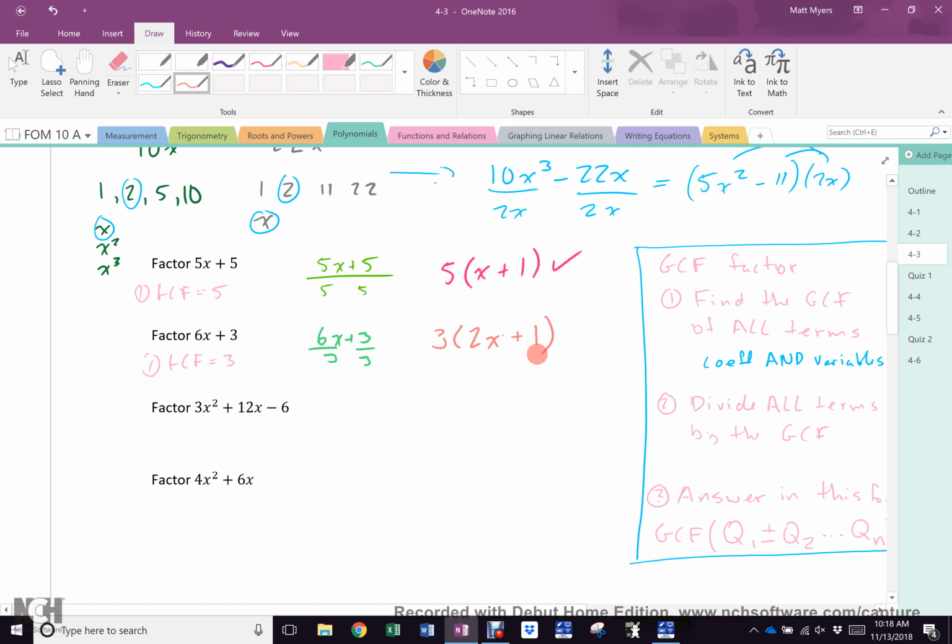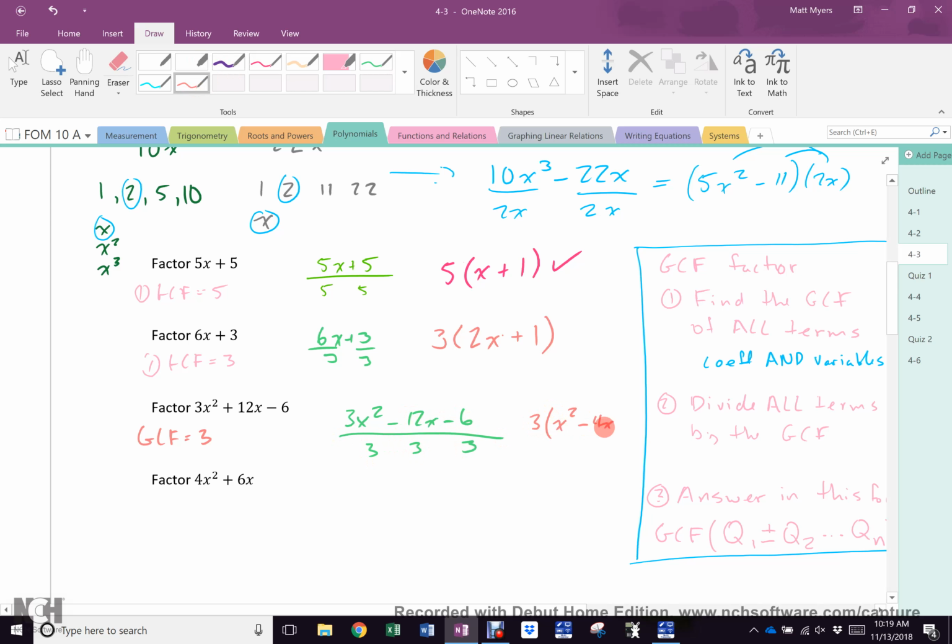Next one has 3 terms. Does anything change? What's the GCF? 3. GCF equals 3. What's step 2? Write it out and divide everything by the GCF. 3, 3, 3. Then I answer. GCF first. What's the first quotient? X squared. What's the second quotient?